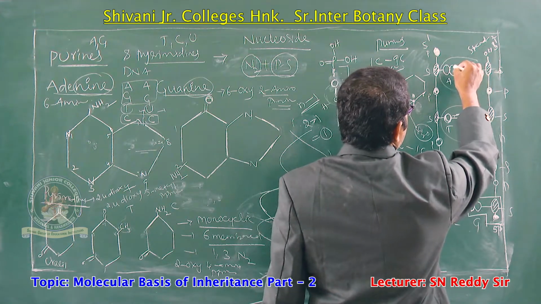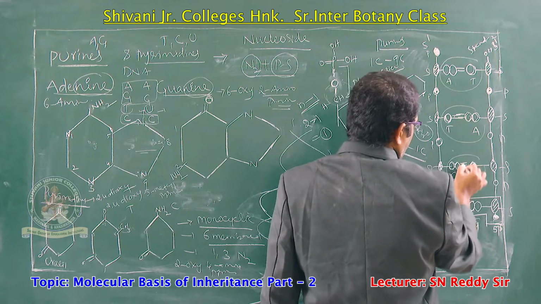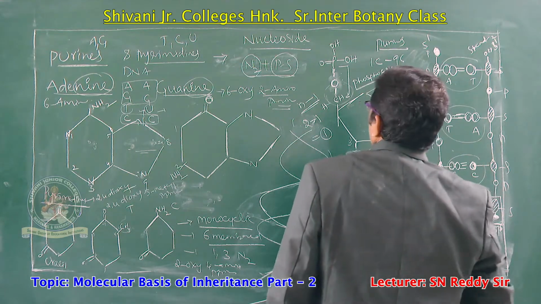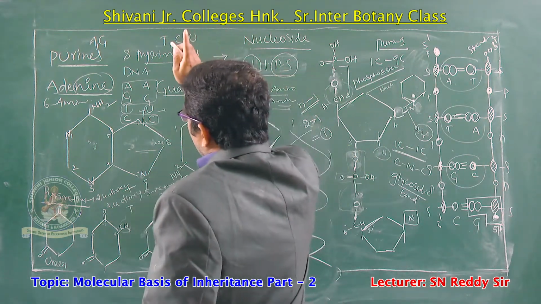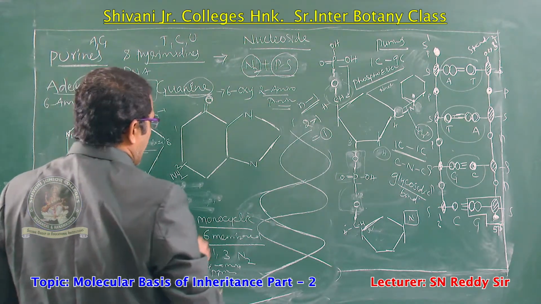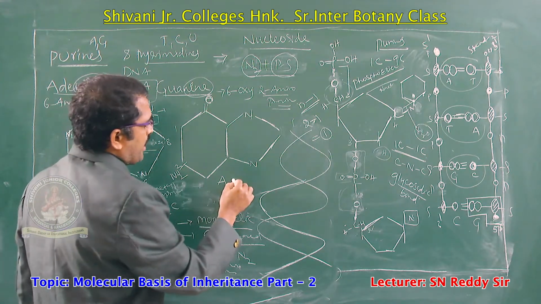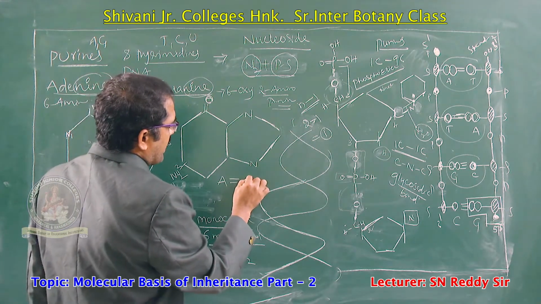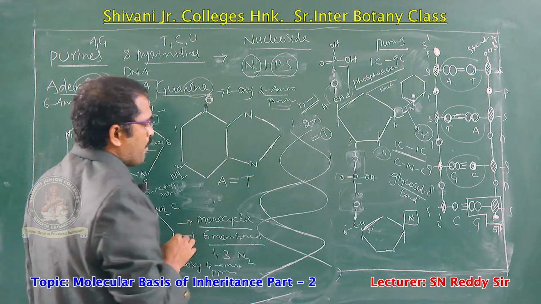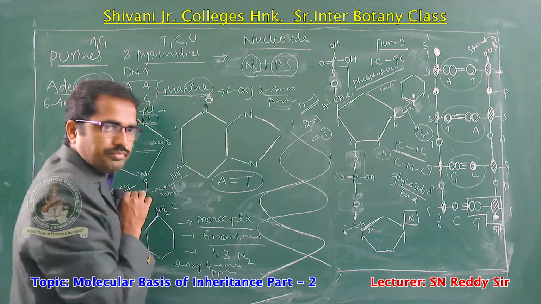So there are nitrogen bases adenine, thymine, guanine, cytosine. That means one purine always makes a bond with a pyrimidine. Adenine is the purine, thymine is the pyrimidine. Adenine and thymine make a bond, that is a double hydrogen bond.